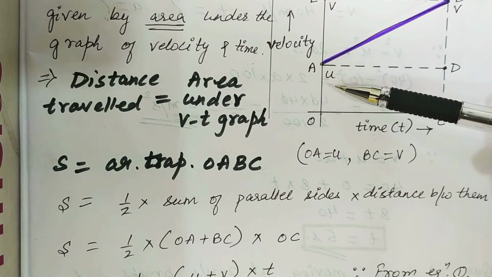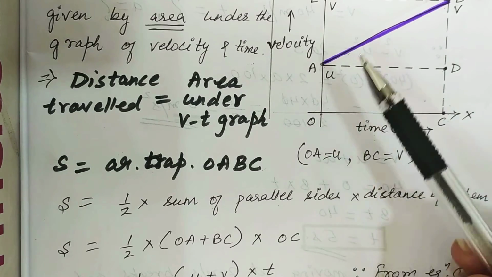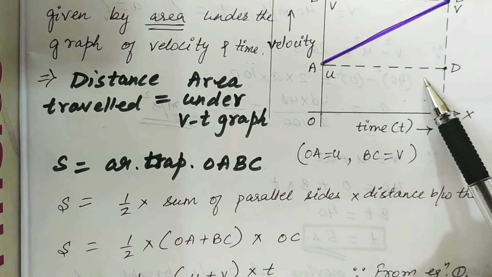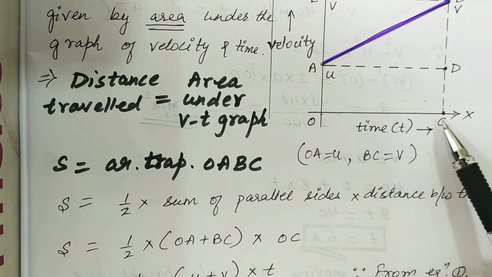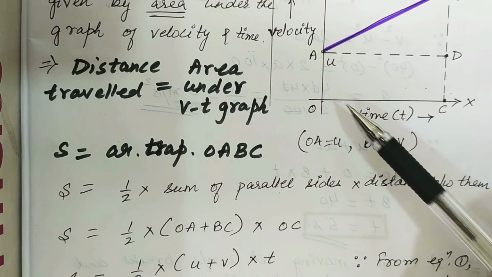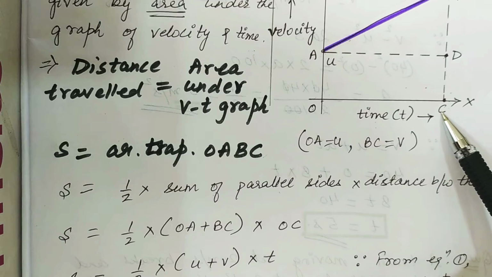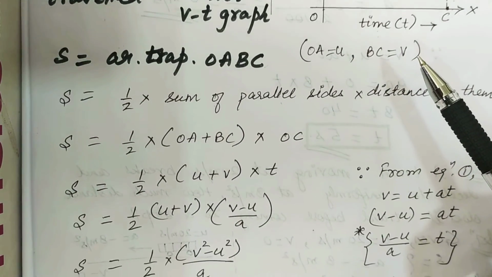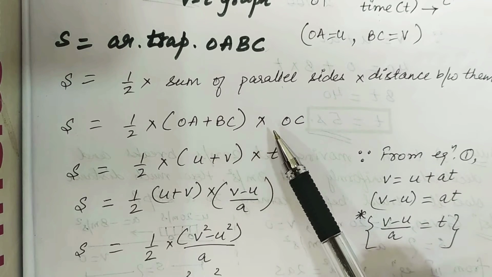OA is equal to u and BC is equal to v, into the perpendicular distance between them. What is the perpendicular distance between them? That is AD, and AD is numerically equal to OC, that is equal to T. So we can write the parallel sides as OA plus BC and the perpendicular distance as OC. So it comes out to be half into OA plus BC into OC.